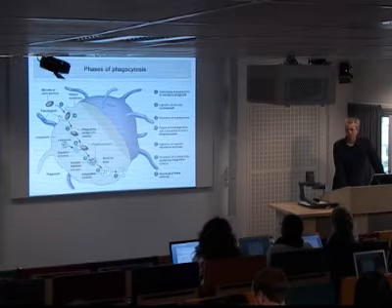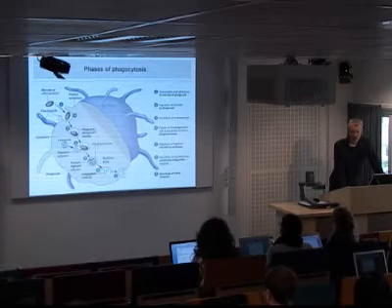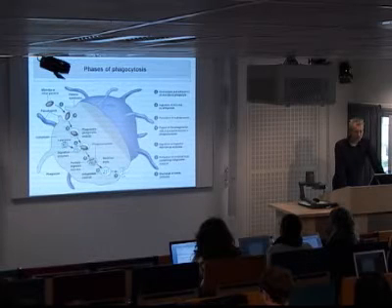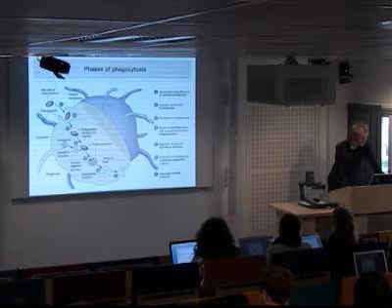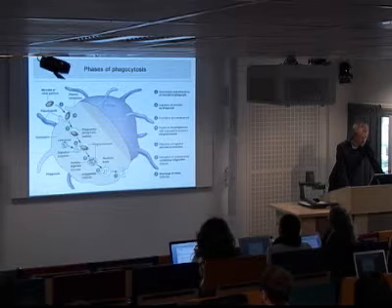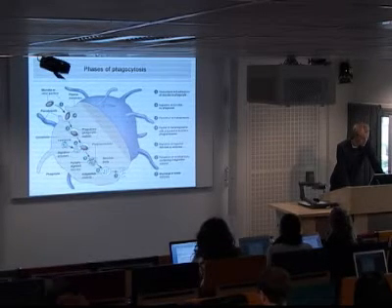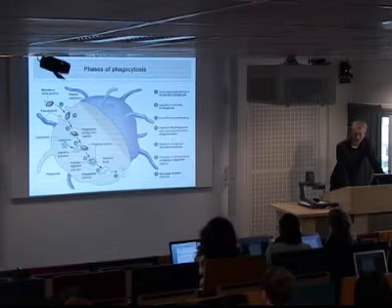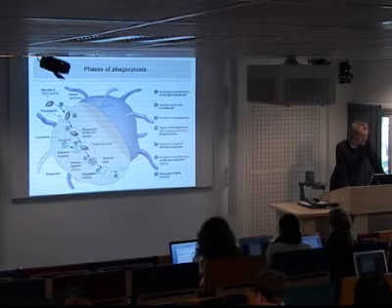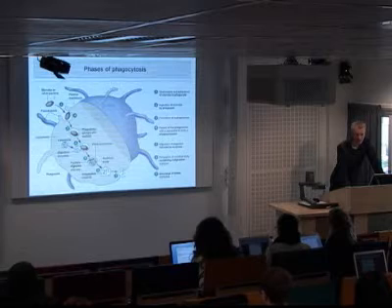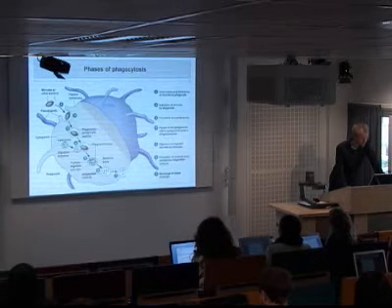If you look a bit more into detail at the different phases you can distinguish in the process of phagocytosis, you can see that this is a phagocyte, and this is the host. For example, a microbe, a particle, or cellular debris, as I said before.